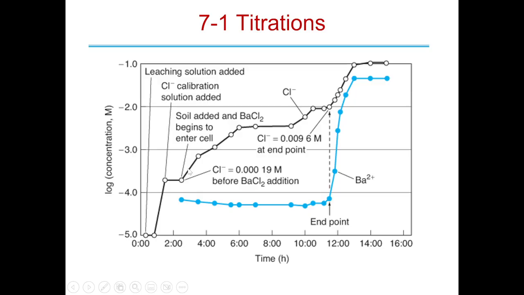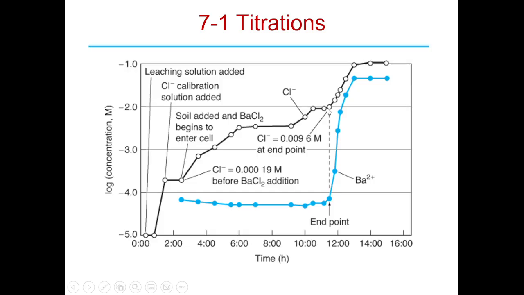Notice that these increases are not nicely linear. They always have a rapid up, slow, and then rapid. Okay? And so right here, you see your chloride concentration is going up. This right here is then the endpoint.